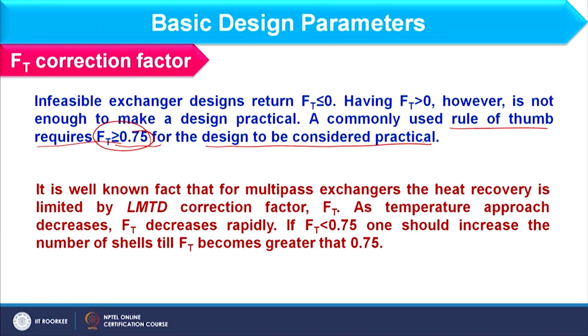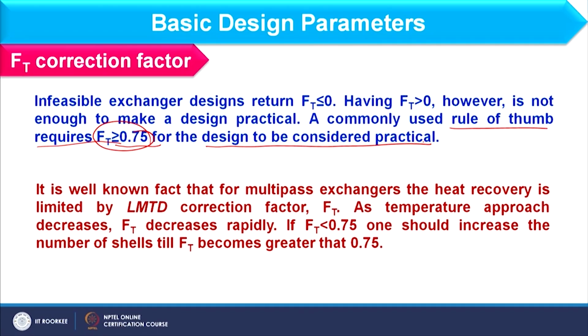Now, I will discuss one example with the flow pattern inside the heat exchanger, so that you can get the idea of how the Ft correction factor improves if I increase the shell passes. Whatever Ft factor graph you have seen till now is only for a 1-2 shell and tube heat exchanger.